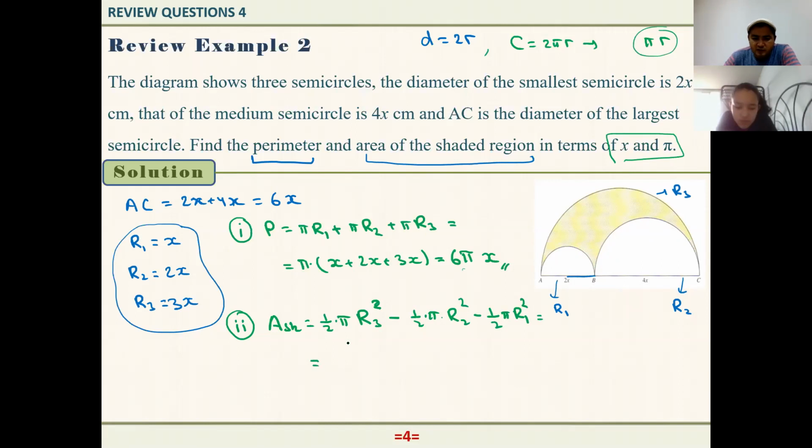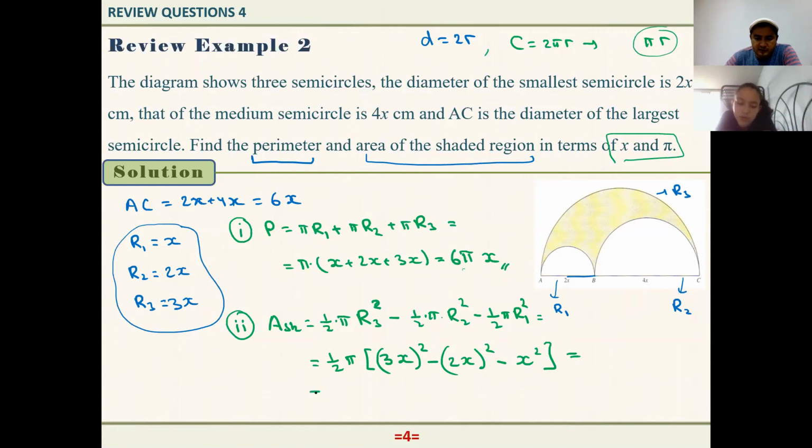From algebra, 1 over 2 pi is a common factor. Take this out. R3 is 3x, so here we have 3x squared, don't forget the parenthesis, minus R2, that is 2x squared, minus R1, it's just x squared.